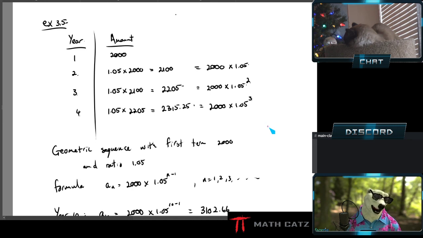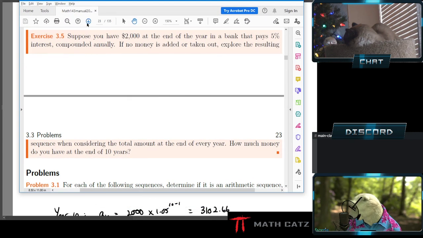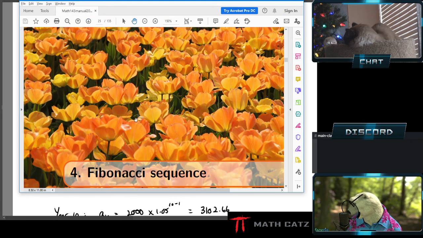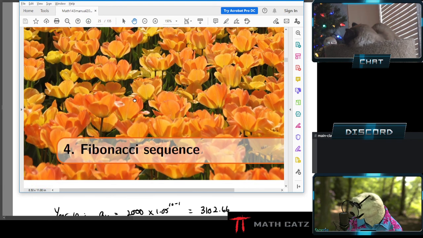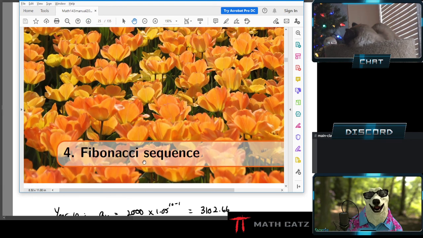Sometimes it's nice to just do something at your own pace. That chapter, the next chapter, is a little different in terms of the format because these sequences get complicated very quickly. Can't do a lot of calculations with the Fibonacci sequence, but it's very important to know what this is and why it is so important.